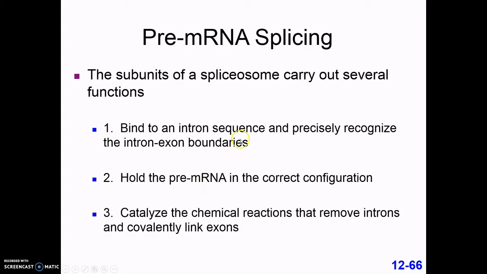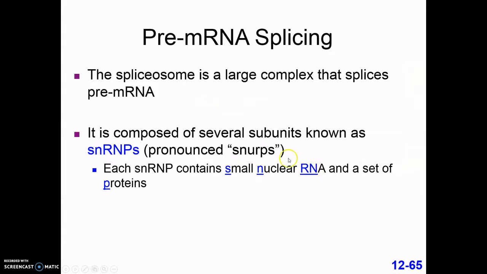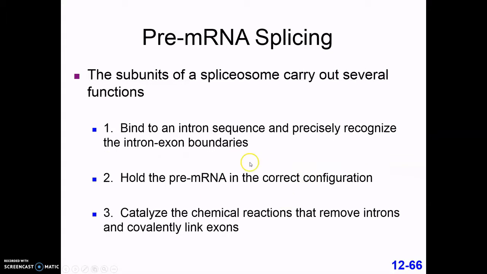What I want you to think about is that the type 2 splicing mechanism has essentially been turned into an independent operating configuration, and some of the RNA sequences that would have been present in this type 2 mechanism alone are now transferred to this small nuclear RNA subset and carried out in mass that way. So you can think of the spliceosome as the evolutionary descendant of type 2 splicing.